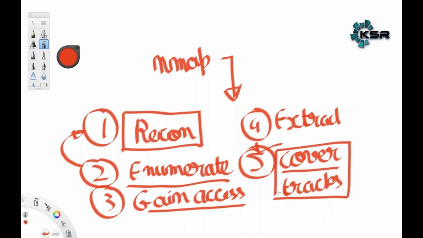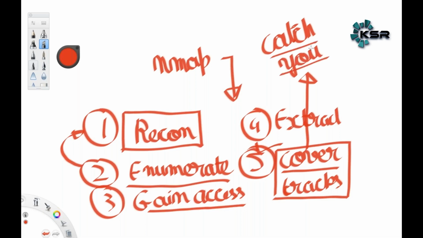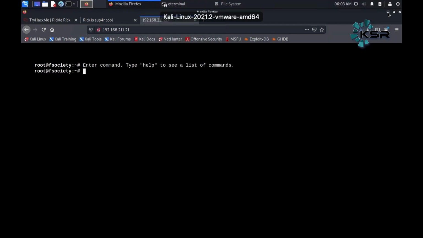Because if you make the slightest amount of noise or leave a log behind, then the forensics team can easily use this to catch you. So this is what happens in hacking.